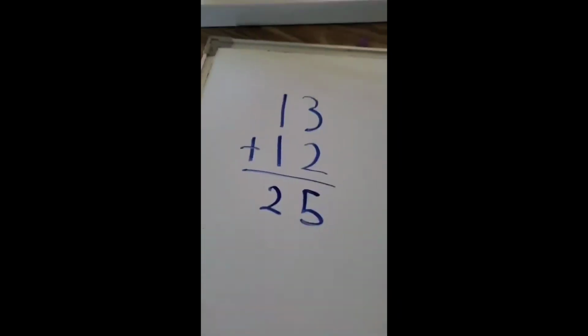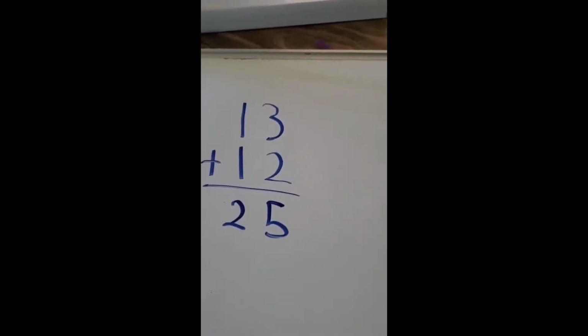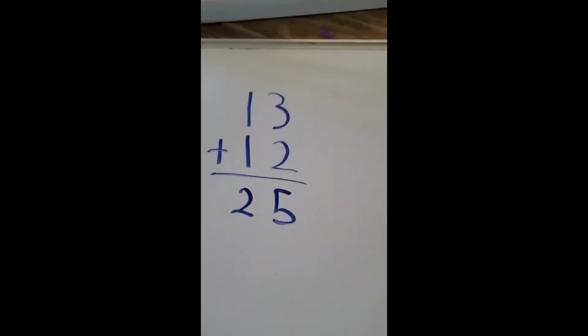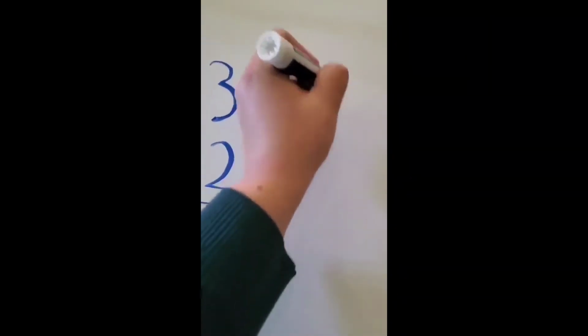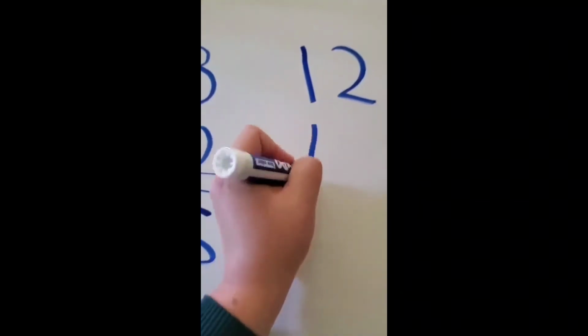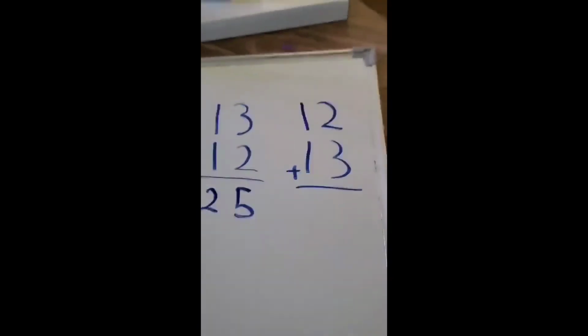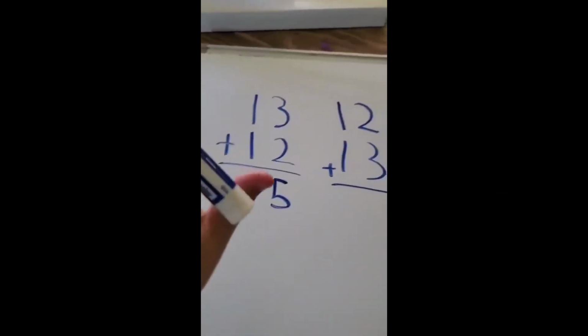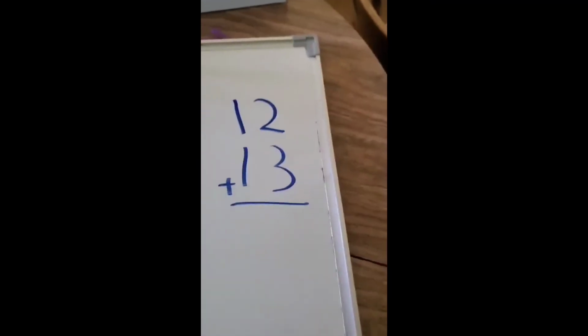Okay, so now I'm going to do something really cool, all right? So, as I said, the blue team won 13 and the red team won 12. So, I'm going to write it like this. Okay? Same two numbers, 13 and 12, okay?